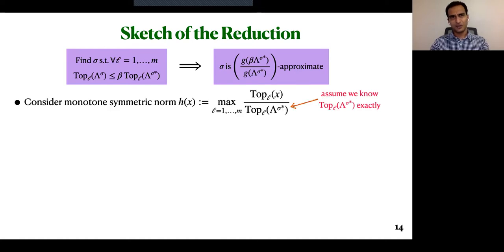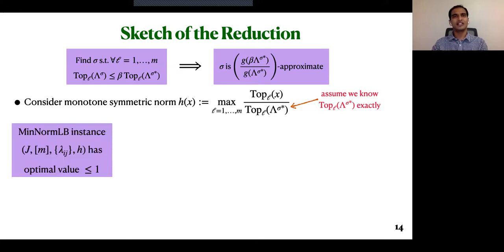Consider the function h, which maps x to the maximum ratio of the top-l norms of x to the top-l norms of the optimal lambda load vector. H is a monotone symmetric norm because it's a pointwise maximum of monotone symmetric norms.